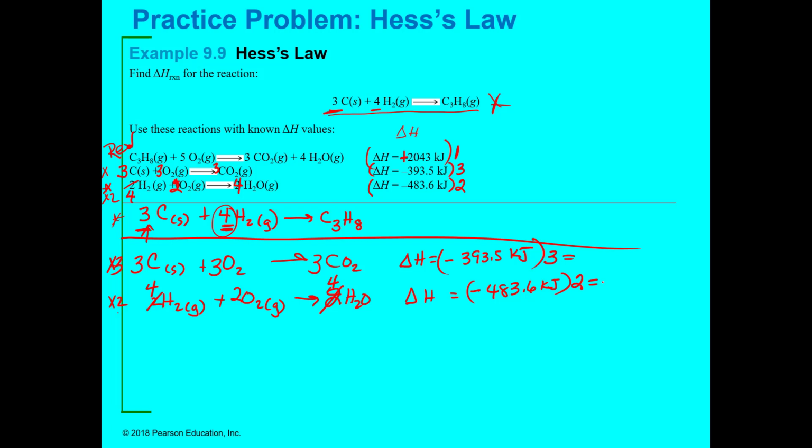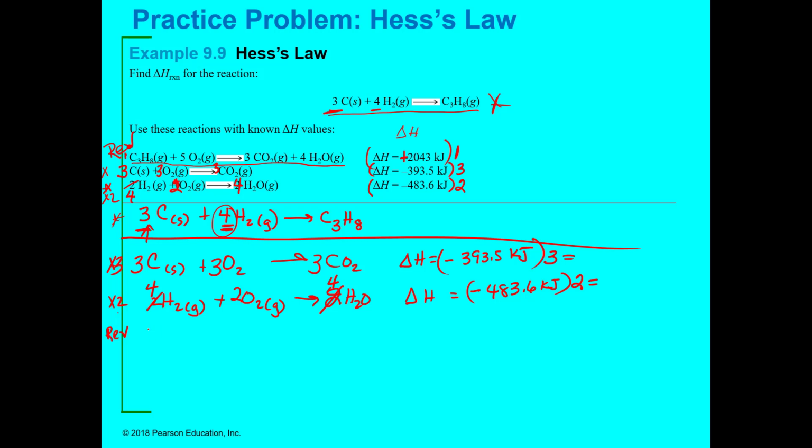All right? And then the last thing what I had to do is I had to reverse it. Why? Because as it's written, it's writing my propane as a reactant, but my propane in this reaction is a product. So I'm going to reverse that whole thing, but I only need one of them, so I don't have to multiply it by anything.